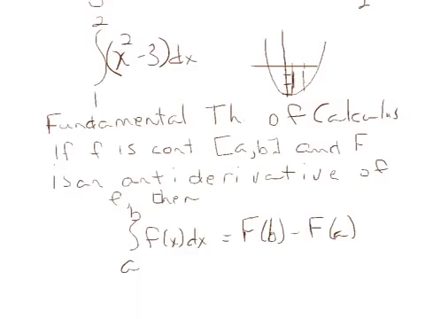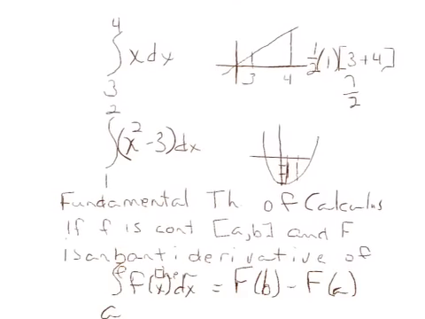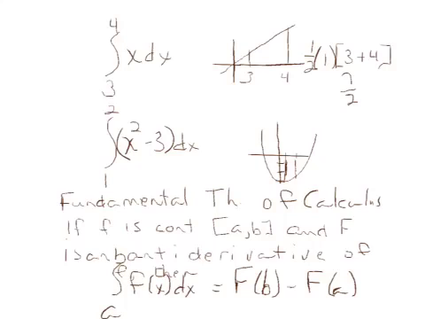So if we go back and we look at that same problem that we started with, using this idea of the fundamental theorem of calculus, if we take the antiderivative of this function, we get 1/2 x squared.